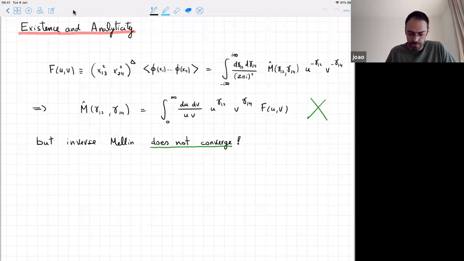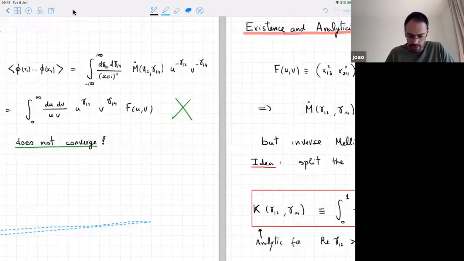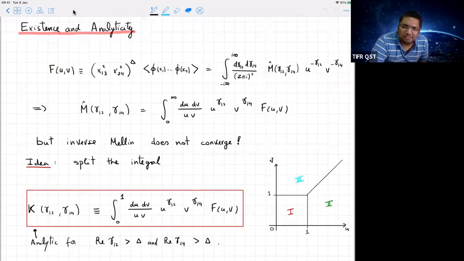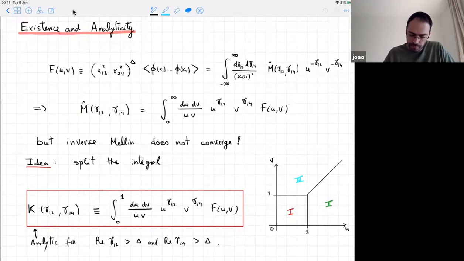So what to do? Well, our idea was really quite simple, which said, let's break this integral in pieces. So this is what I show here. Sorry, João, is there a way to see the non-convergence in some example, perhaps?